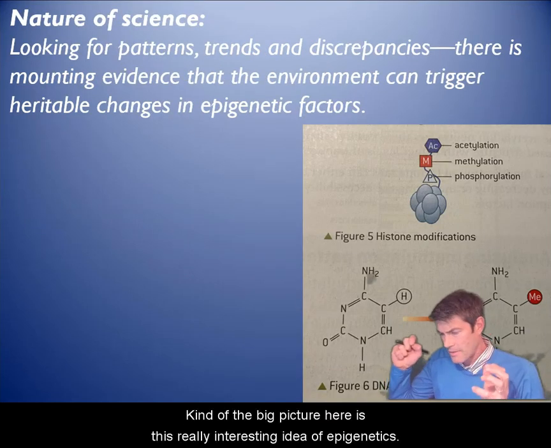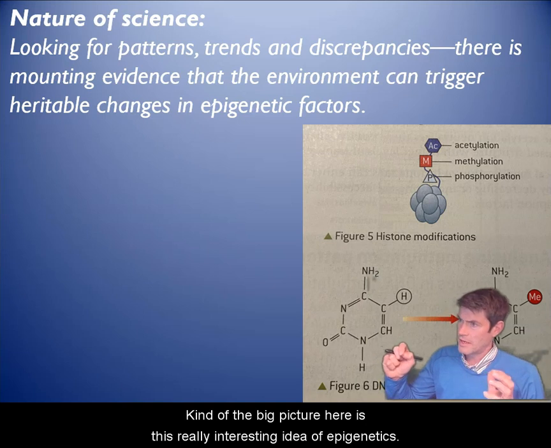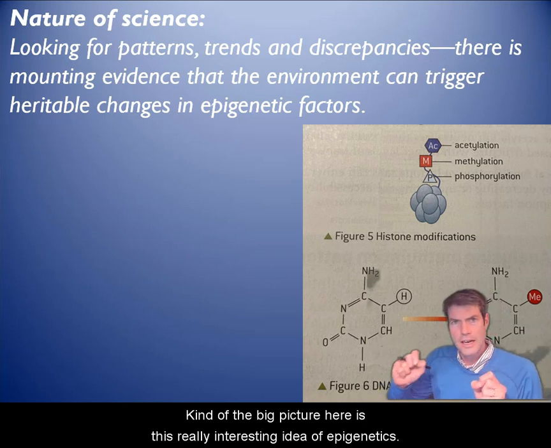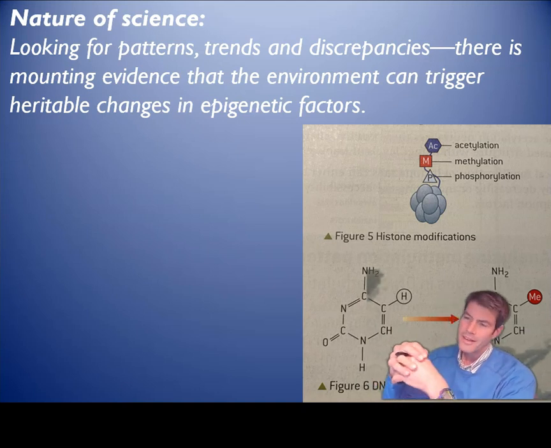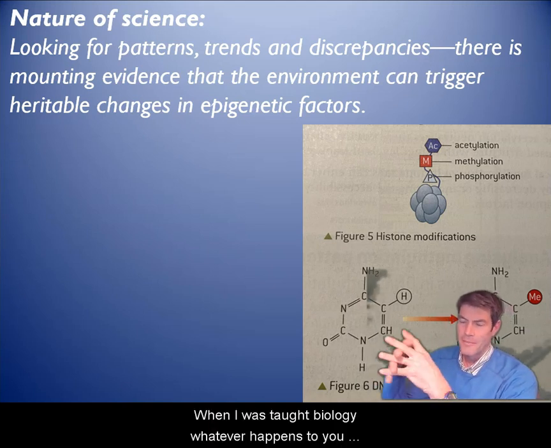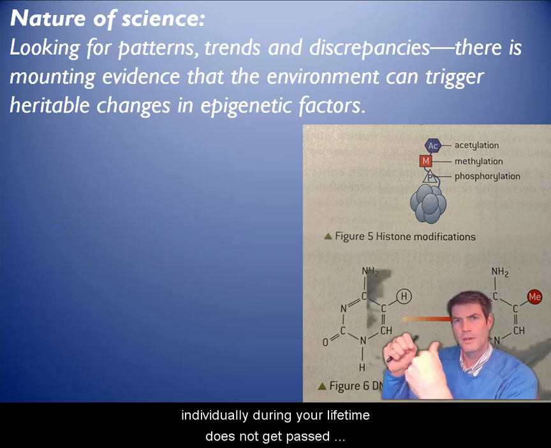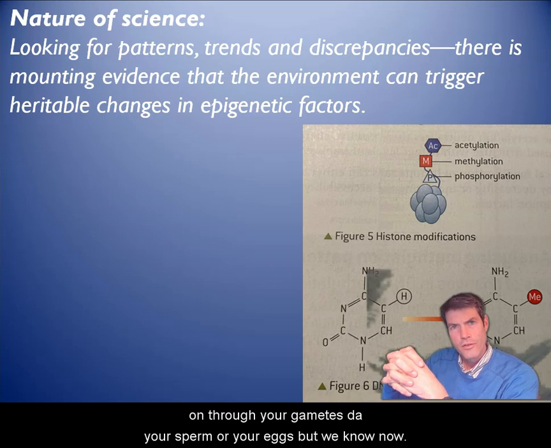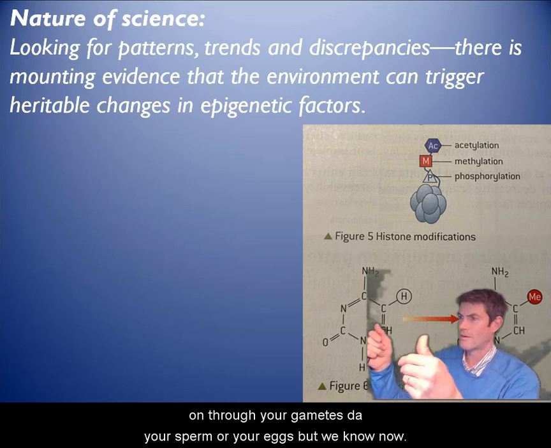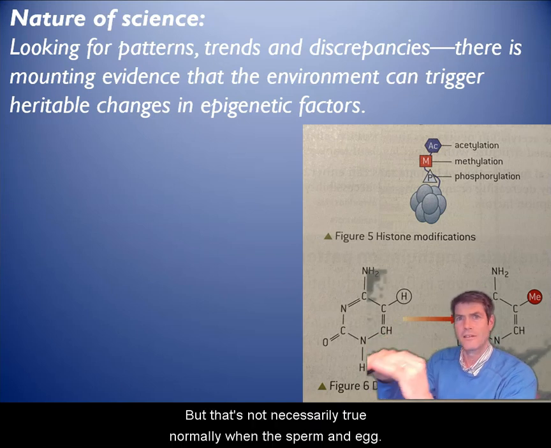Now, the big picture here is this really interesting idea of epigenetics. Normally, when I was taught biology, whatever happens to you individually during your lifetime does not get passed on through your gametes, via your sperm or your eggs. But we know now that that's not necessarily true.